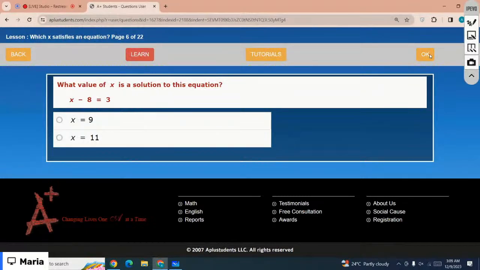What value? Yes, it is x equals 11. The correct option is x equals 11.